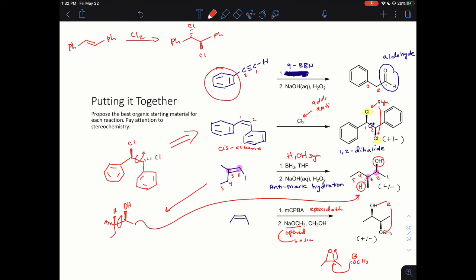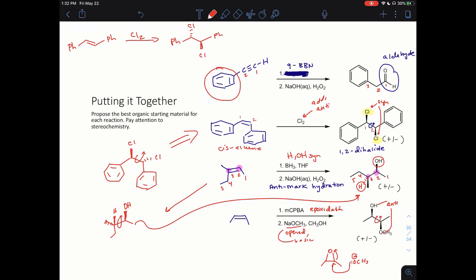So these groups are anti to each other right when the methoxide adds. Okay, but in the product, they're not anti, right? They're syn. So again, that means the methyl groups are not trans to each other. They should be cis to each other in the epoxide when it gets opened.